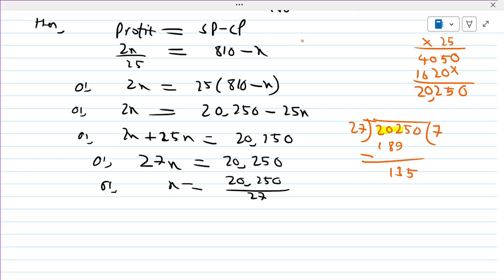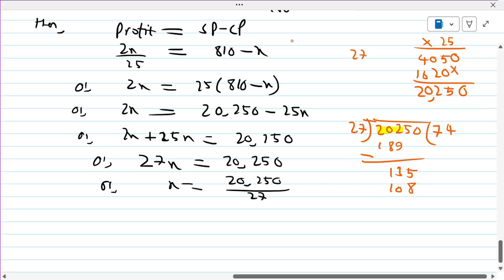So let's keep here 4 times. 4 7s are 28, and 4 2s are 8, 8 and 2 is 10, is it? So 108. I'm making a mistake, I guess, is it?